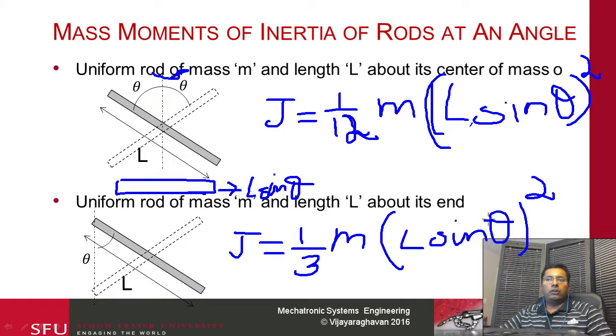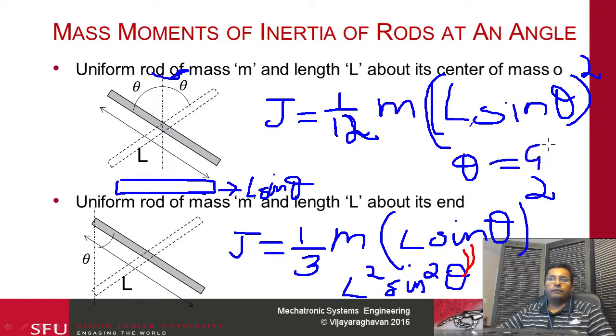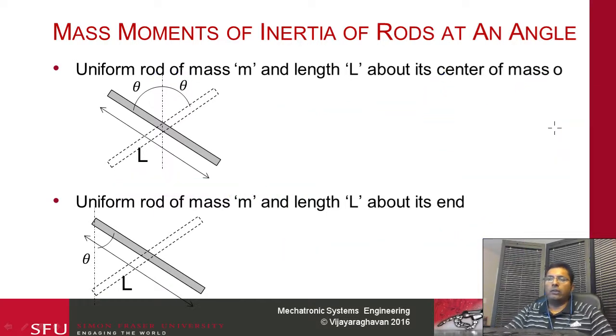Notice that you're squaring the whole thing, so it's either this, or you can think of it as L squared sine squared theta. So both are equivalent and the same. So in the previous example, if you put theta as 90, this term becomes 1, and then it reduces to the previous formula that we have.